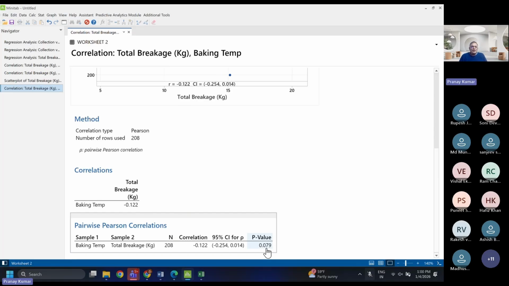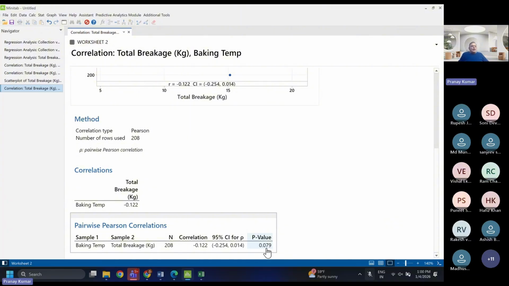Not related. Neha corrected me: don't say no impact, say not related. Variables are not related to each other. Variables are independent. Done, people? Understand? Yes, sir.